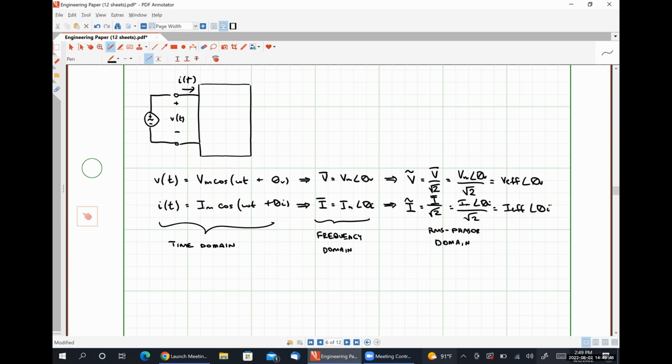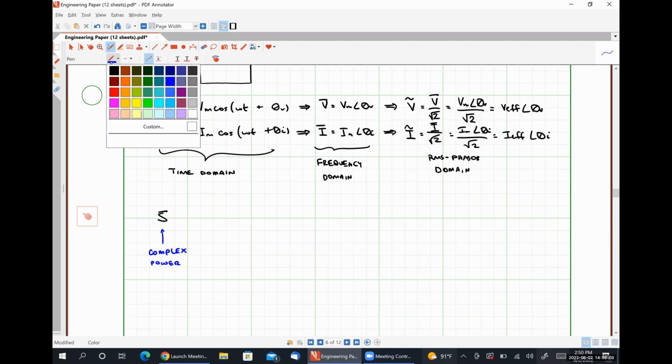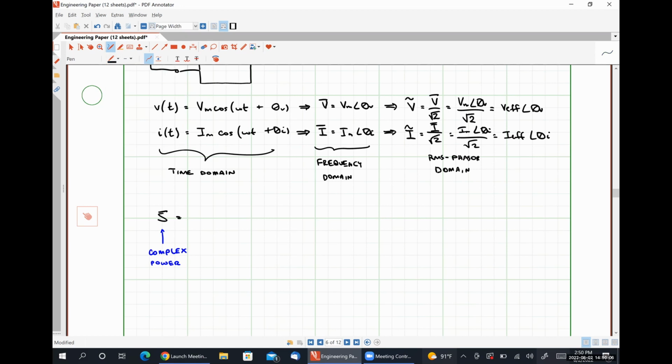All right, so our complex power, S, mathematically is simply the product of V RMS phasor times I RMS phasor conjugate.